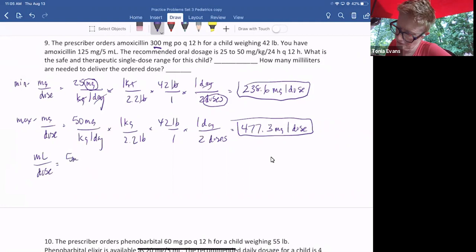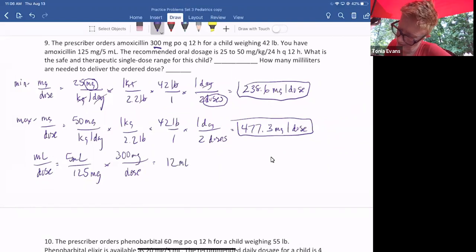We know that 5 milliliters is 125 milligrams. And we've got 300 milligrams per dose. These problems probably didn't used to seem simple, but I'm guessing this part of the problem seems pretty easy to you guys by now. Divided by 125 equals 12 mLs per dose.